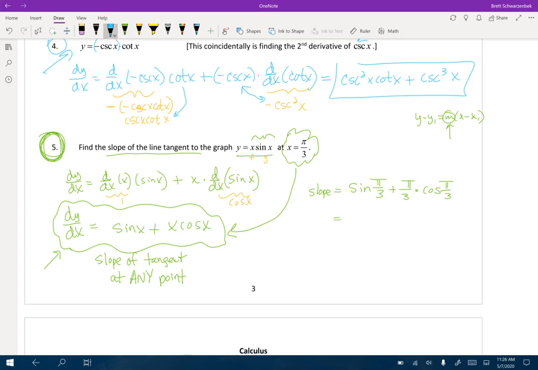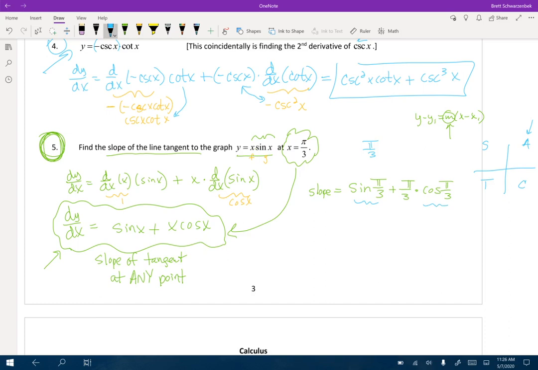So first things first, pi over 3 is in the first quadrant, right? If you do All Students Take Calculus, we know in the first quadrant all trig evaluations are positive, which means that when we do our trig evaluation of this and this, the result is going to be a positive ratio. That's the first thing.